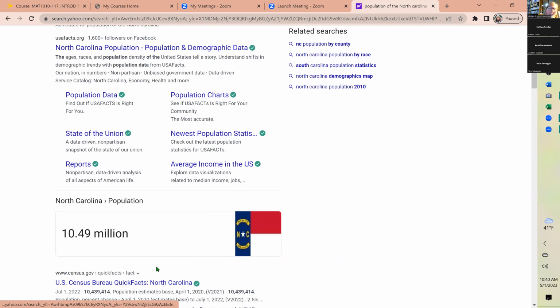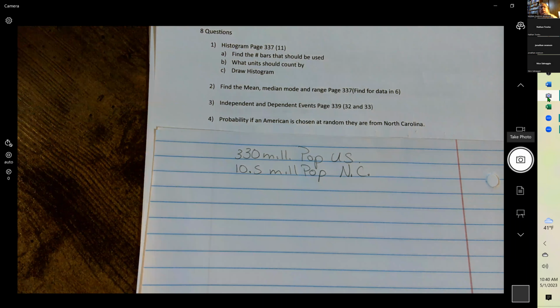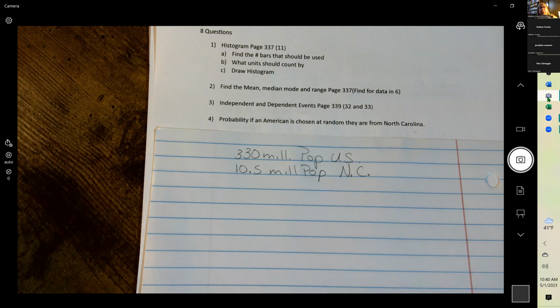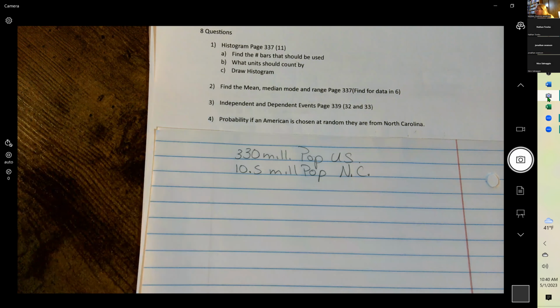And North Carolina is 10.5 million. Okay. So if we want the probability that an American chosen at random is from North Carolina, what do we need to do?